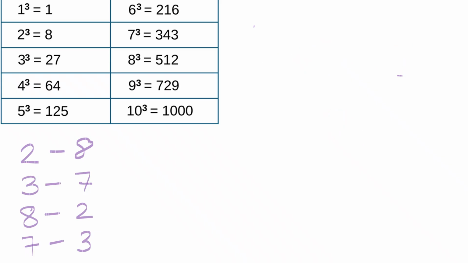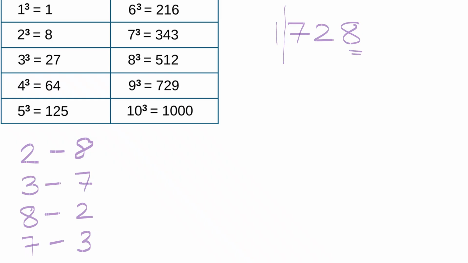Very easy. This time I will take a 4-digit number so that it will be easier. 1728. The first step is to put a slash before the last 3 digits, right? Now I take the last digit on the right hand side.